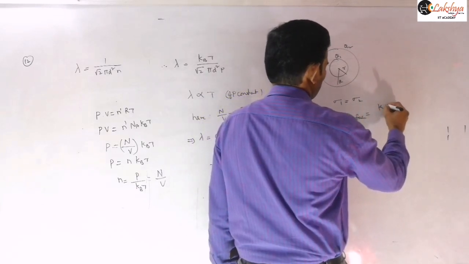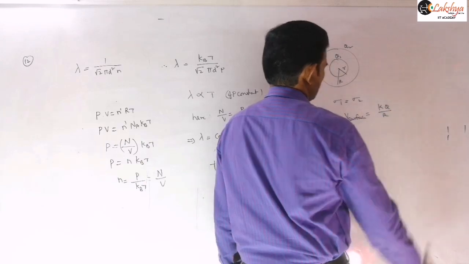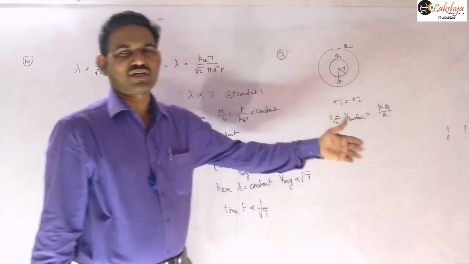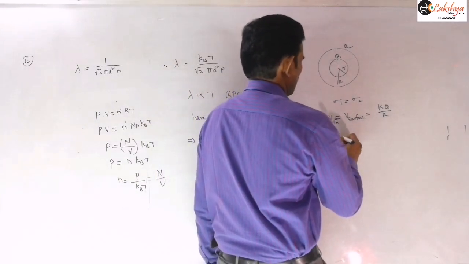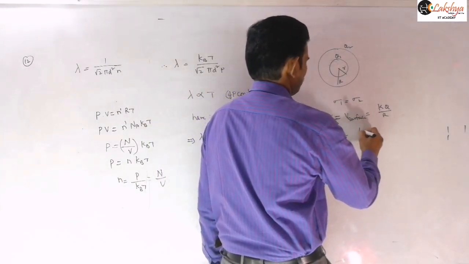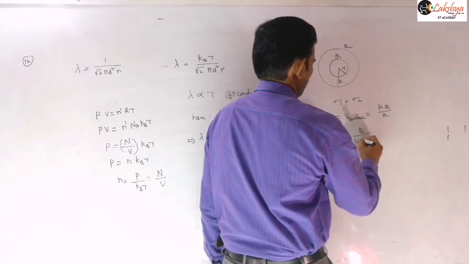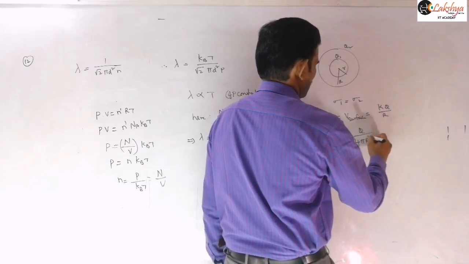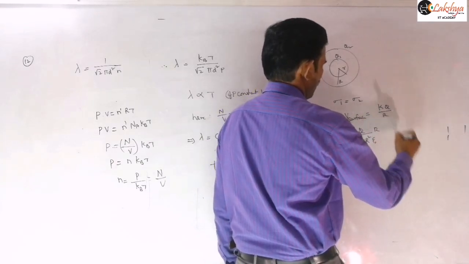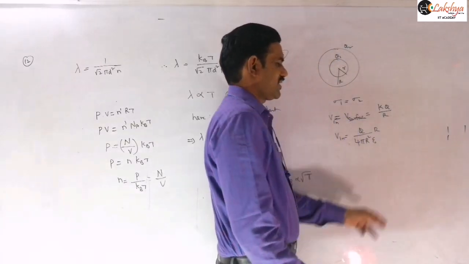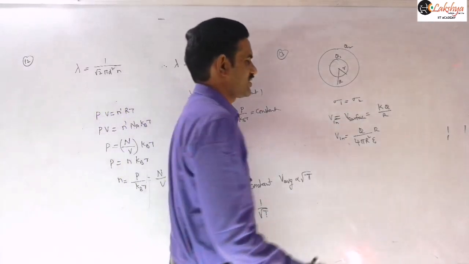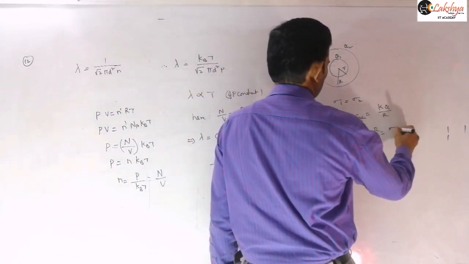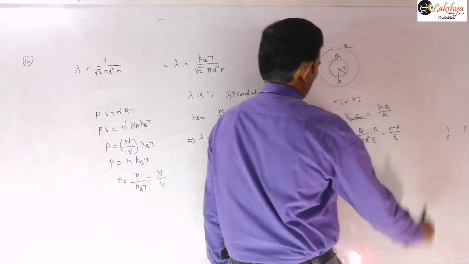So we can write KQ by R, the general formula for potential on the surface of a sphere. This is Q by 4 pi R square into epsilon naught into R. I am just multiplying and dividing by R, so this is nothing but sigma. So we can write this value as sigma R by epsilon naught.